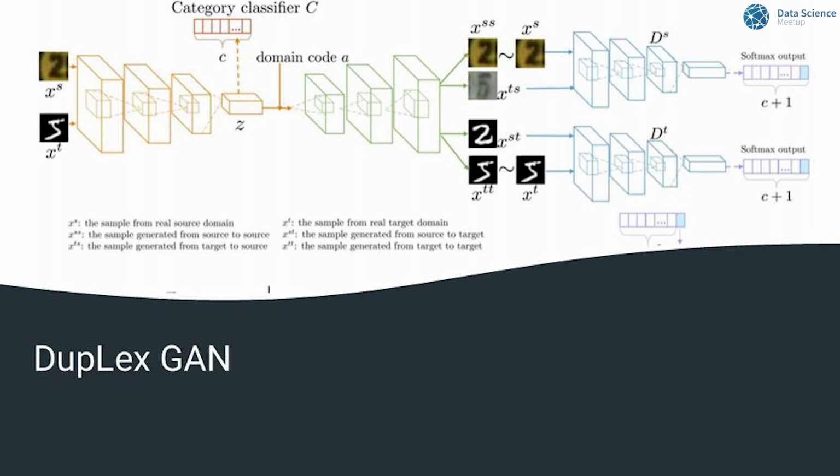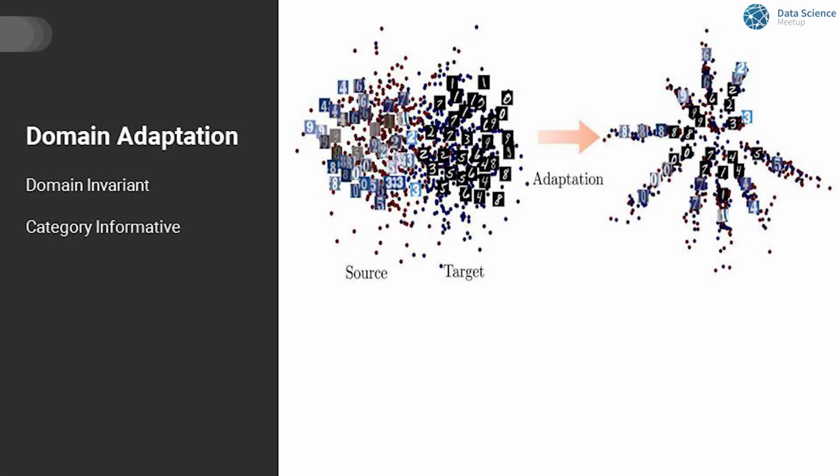The generator will obviously be trained in an adversarial way to fool the discriminator, making it better at generating images. And that's how you end up with a better encoder, or an encoder that satisfies both of these features, domain invariance and category informative.